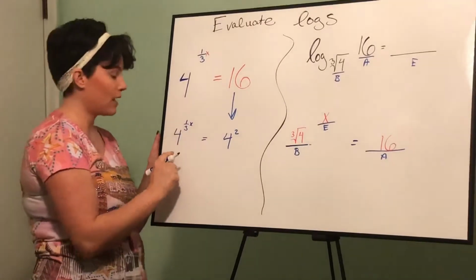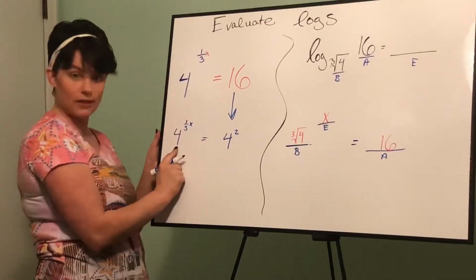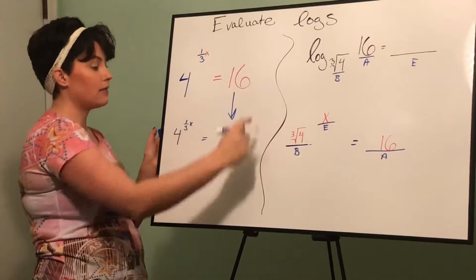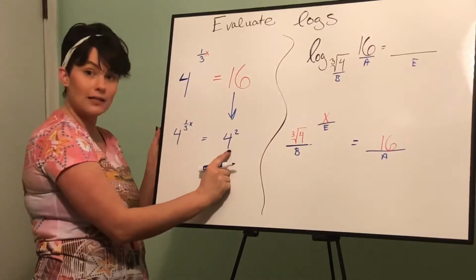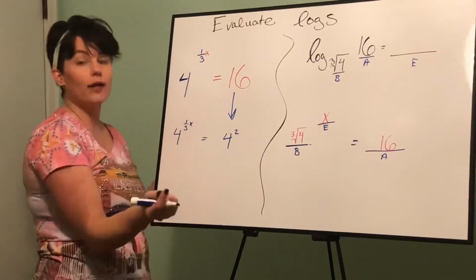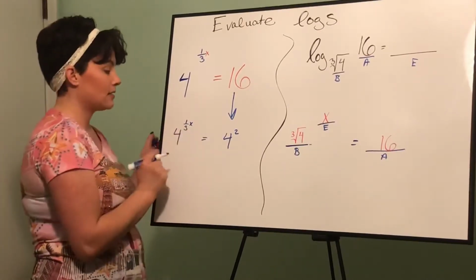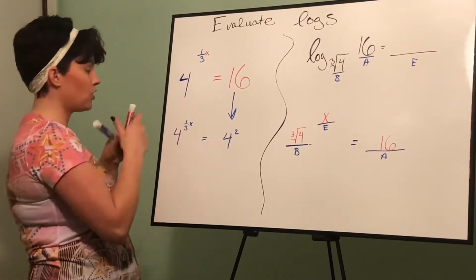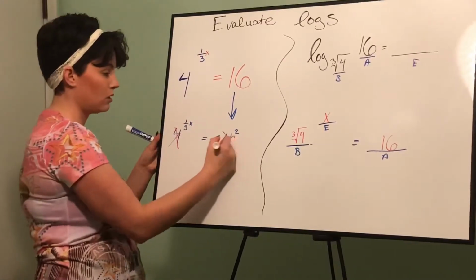Now they both have the same base. 4 to the 1/3 x has the base of 4, and 16, if I rewrite it as 4 squared, also has the base of 4. So now that they have the same base, now I can really start to figure out what x is. In other words, I don't need to know this base anymore.